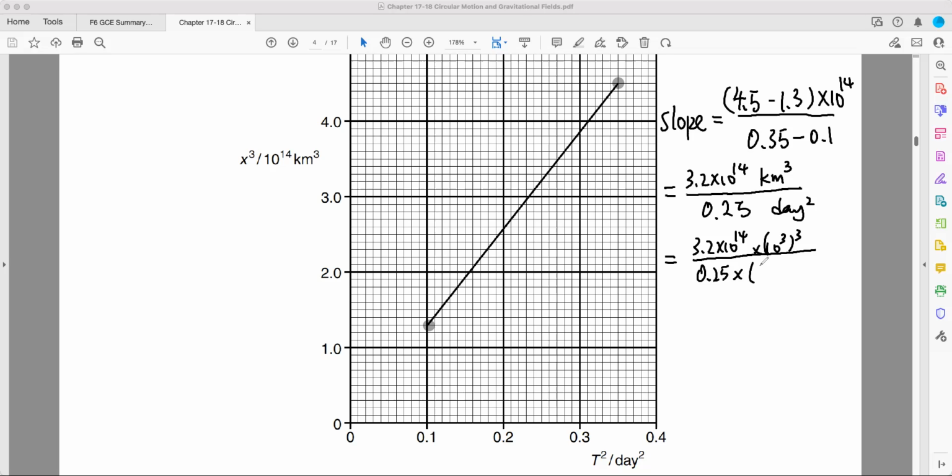Now day squared to second squared. So 1 day is 24 times 60 times 60, and square. So this value equals GM over 4 pi squared. Then you just get the M from this equation.